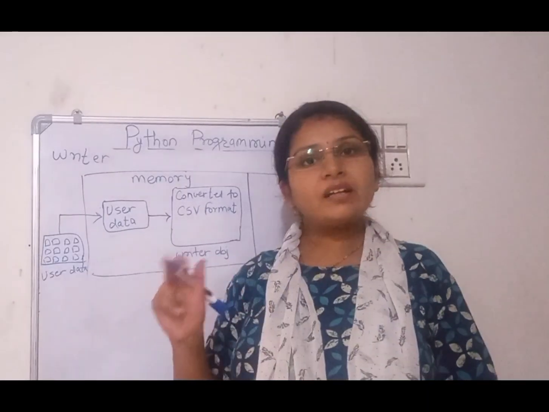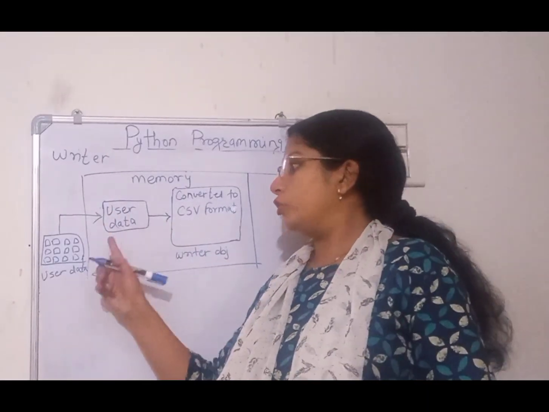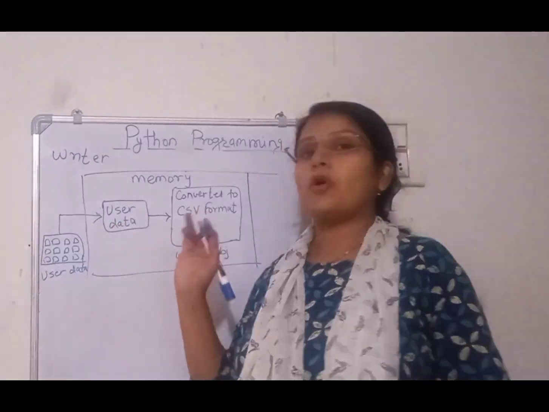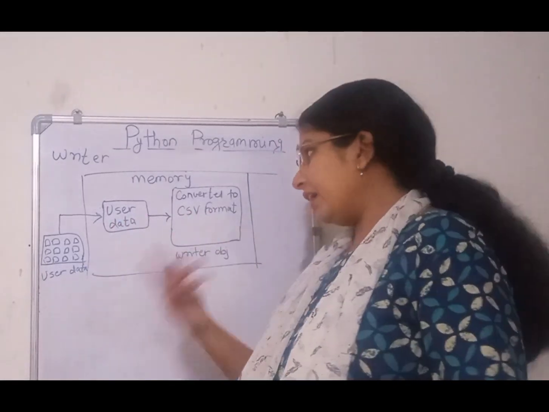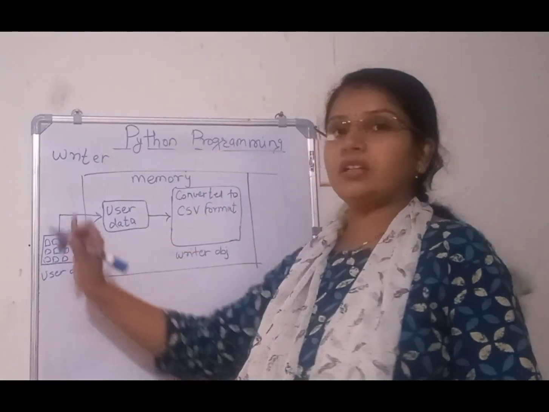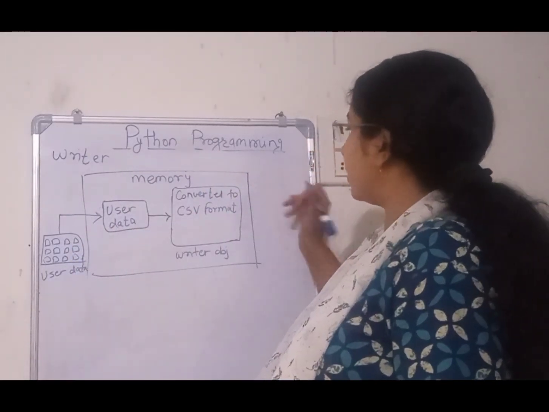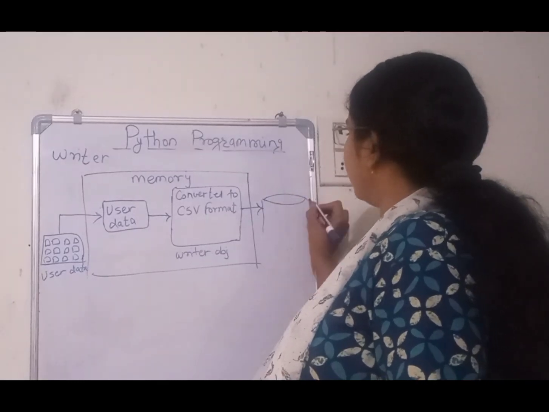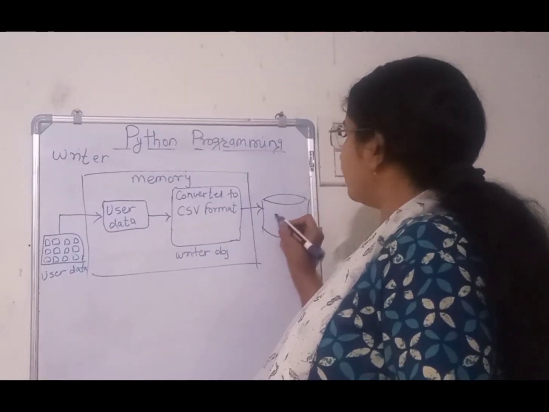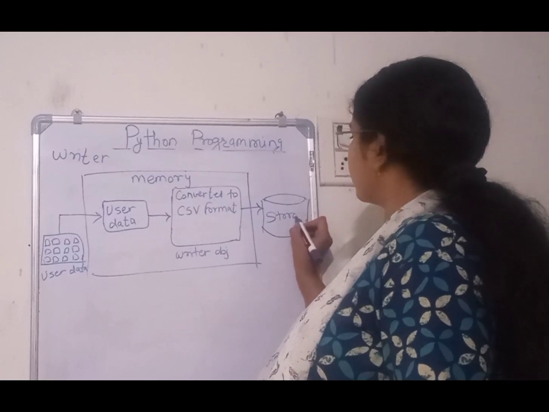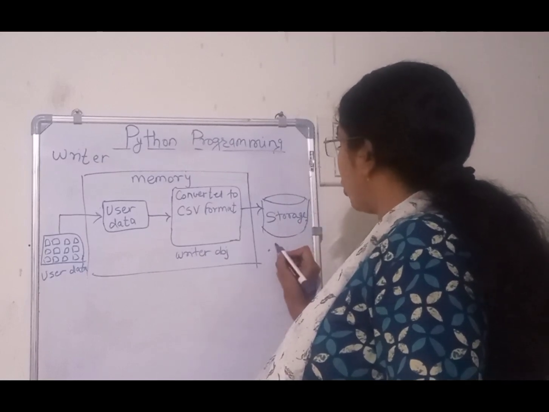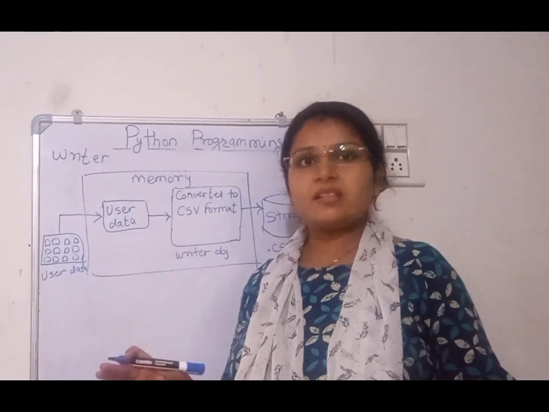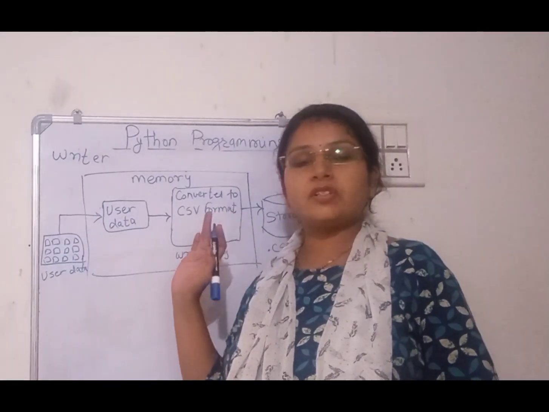By creating the writer object only, you are converting this normal user data to a proper CSV file, and this will be done in your memory, the processing part, and then you are saving this file to your storage with the .csv extension. So this is a very simple procedure.